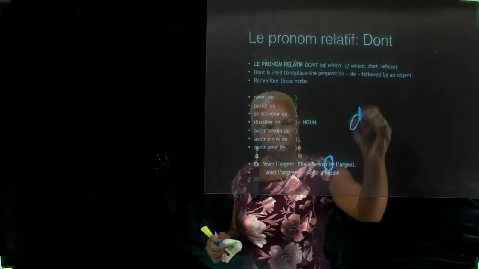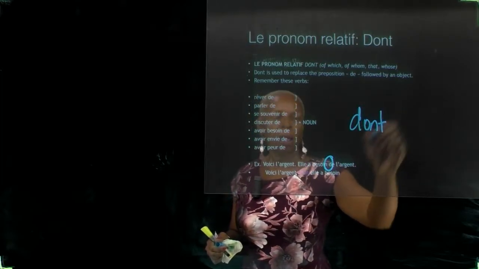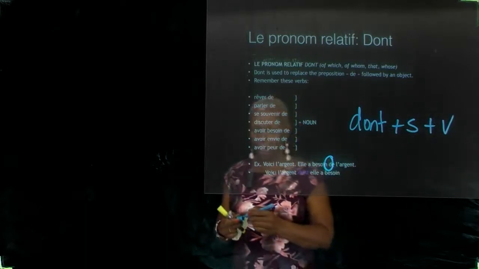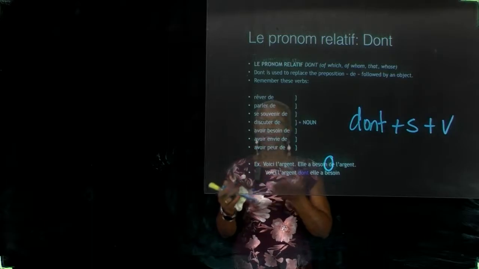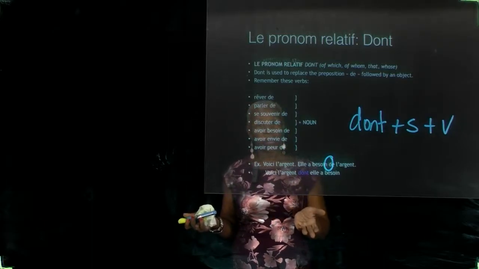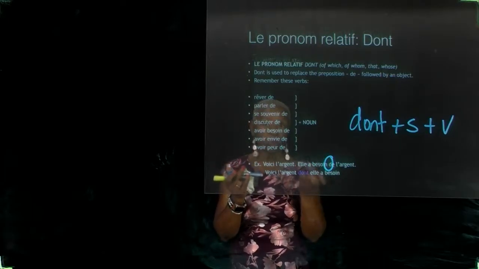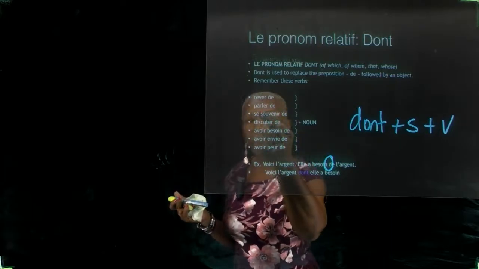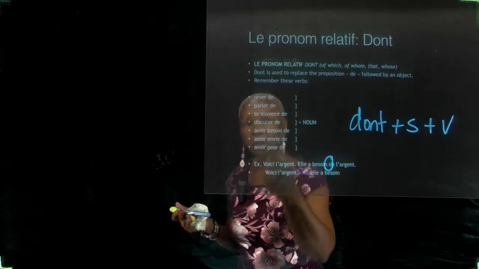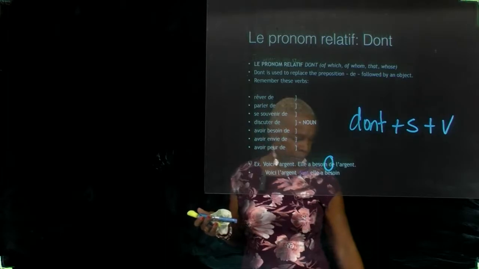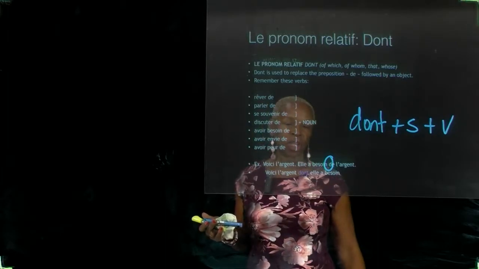Dont is always followed by a subject and a verb. It follows the same pattern as que, okay? Except that you only use it when you have a verb that comes with de, like rêver de, parler de, se souvenir de, discuter de, avoir besoin de, avoir envie de, avoir peur de. Okay? Here's the money she needs.